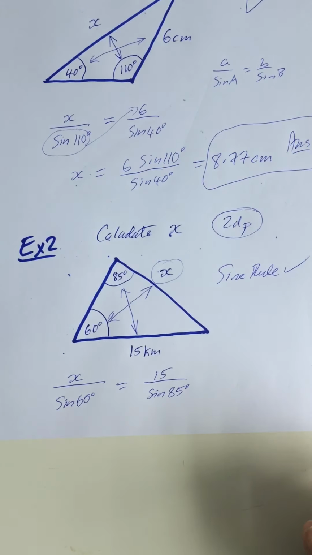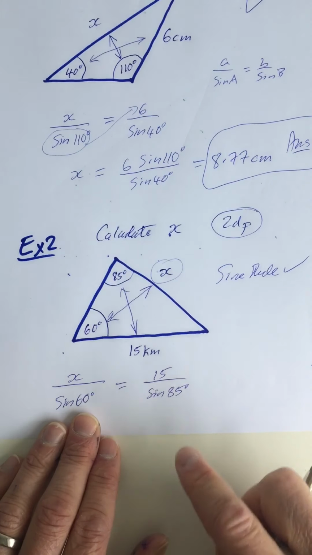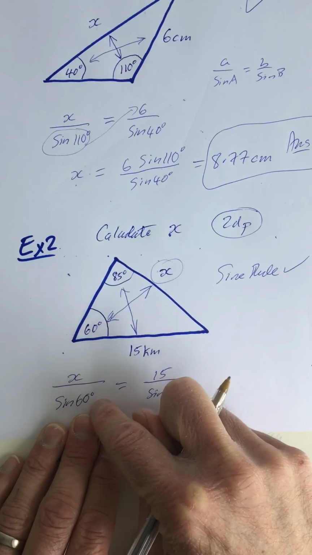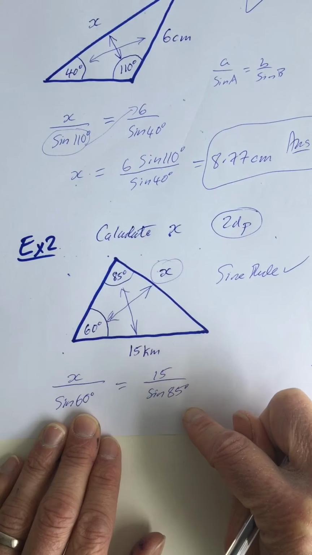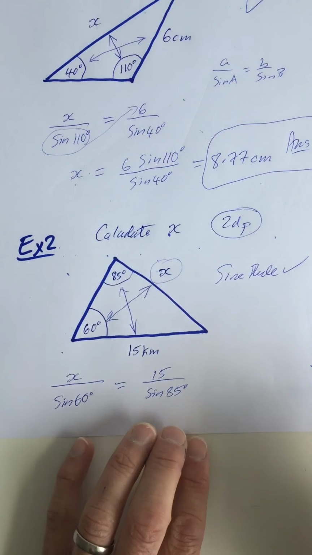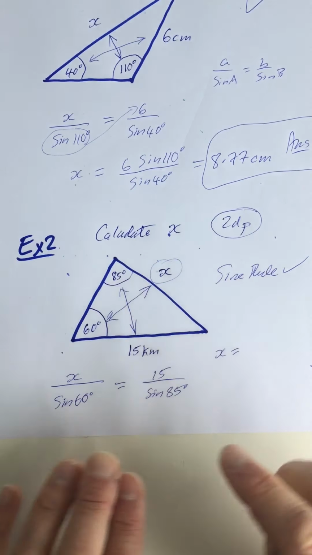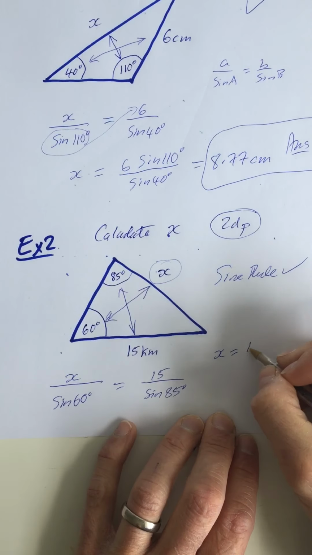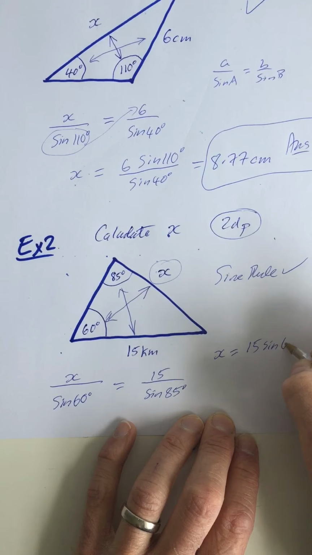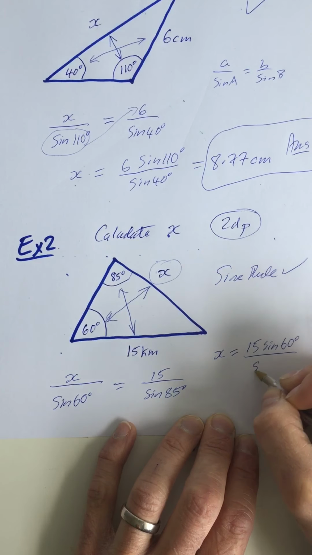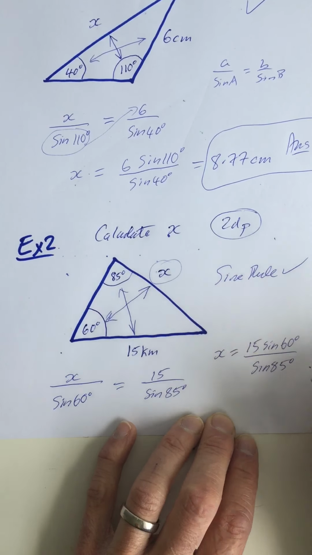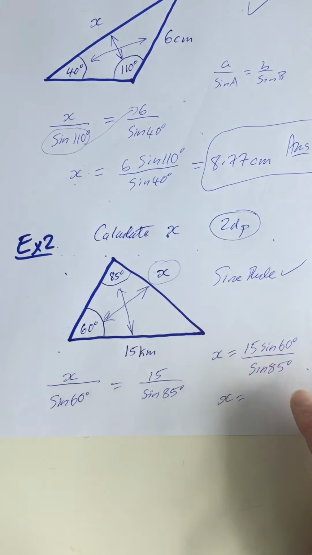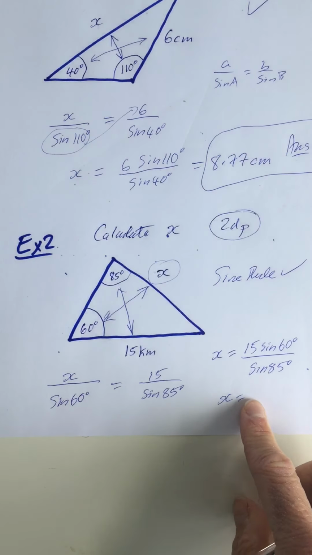Now, to finish this sum, it's very easy, but just double check that you have this right. Notice it's a side divided by the sine of an angle is equal to a side divided by the sine of its angle, and they're opposites to each other. So x on its own, to get rid of a divide by sine 60, we bring it over and multiply it. So it's 15 sine 60 over sine 85 degrees. And all I have to do to finish the sum now is to work this out in my calculator.